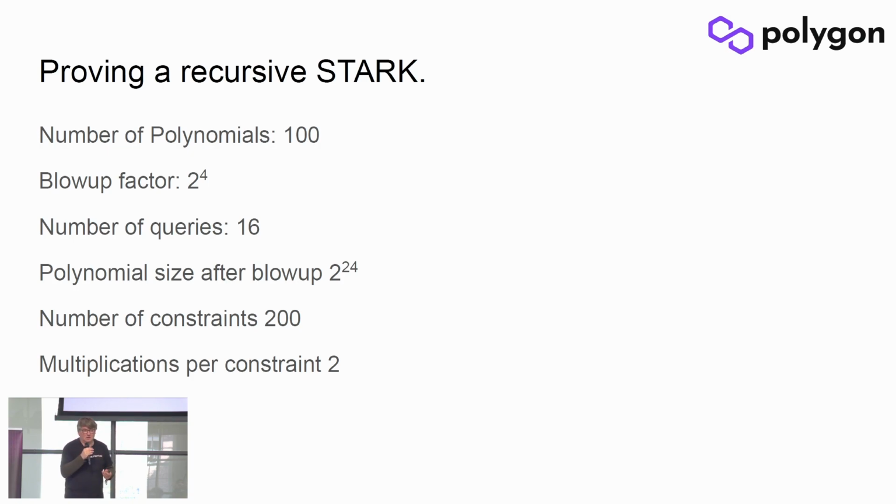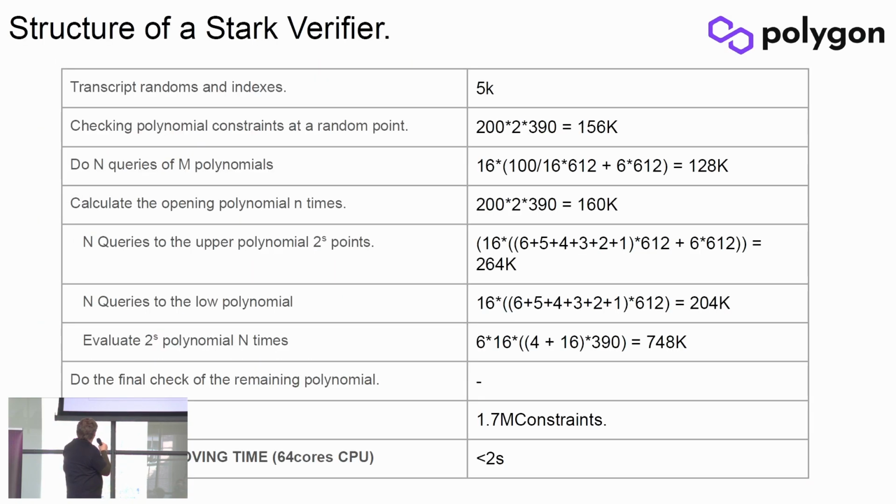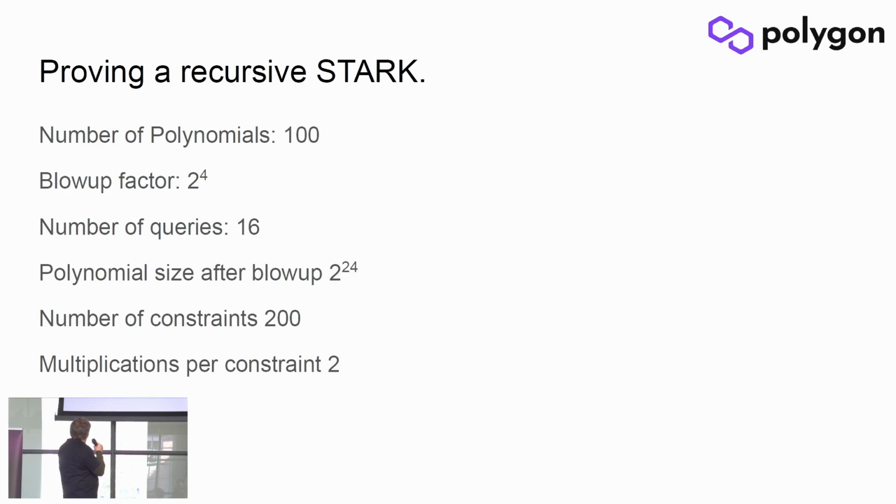We keep the same size of the polynomial because there is a blow-up factor. Actually, it is 1 million steps. So this should be more than enough to verify a STARK. And the number of constraints, we keep exactly the same rule as before. Maybe 2 times the number of polynomials and multiplications times 2.